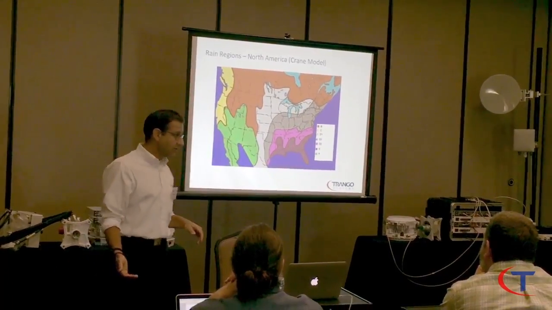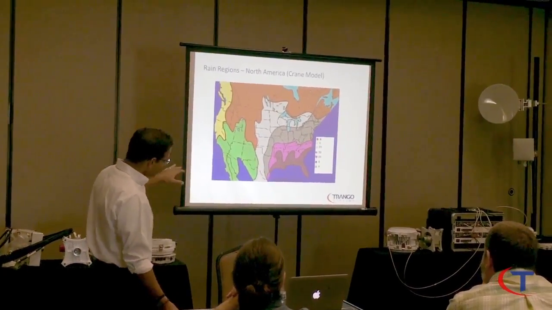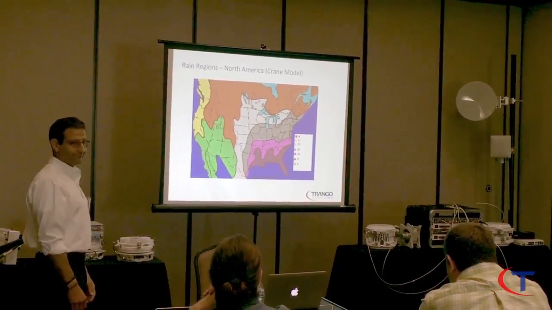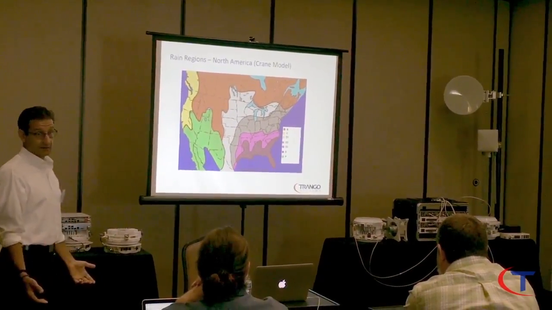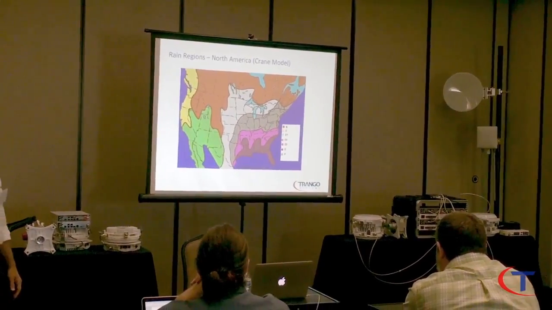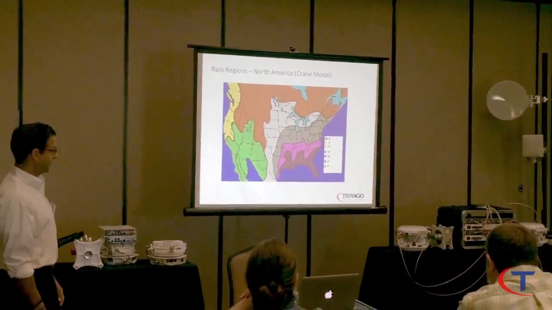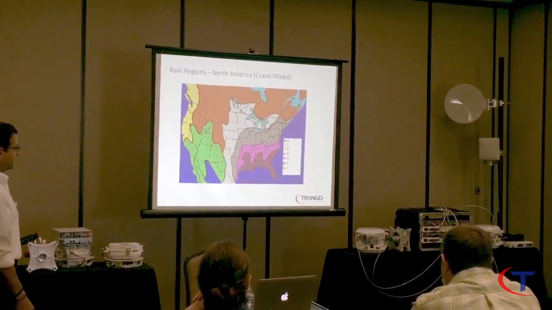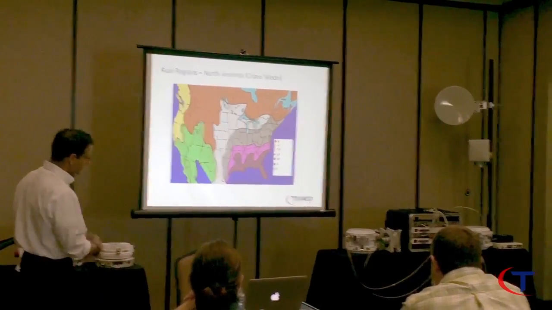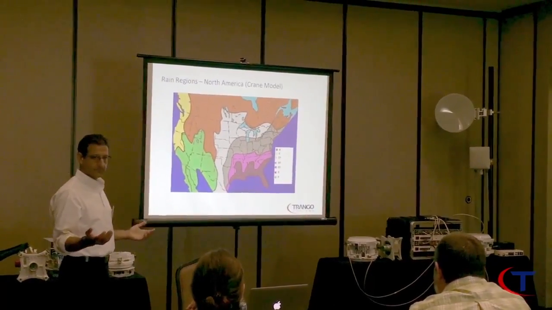In Florida, Georgia, Texas, some of those areas, the only frequency you probably would consider is 6 gigahertz for any length of link. Maybe 11 gigahertz if it's short enough. And that's because of the severe rain fade that's associated with basically any frequency above 10 gigahertz.